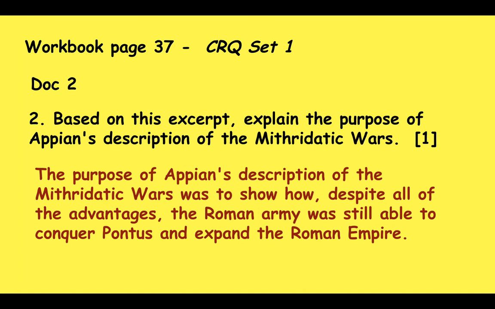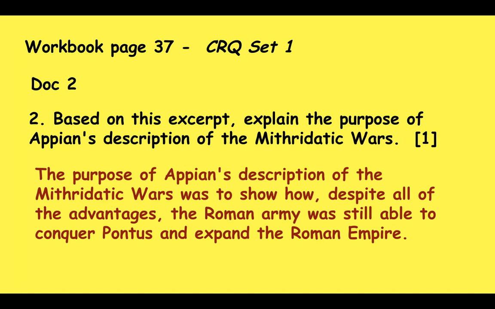So even though Mithridates, the king of Pontus, had all these allies, had all this communication, had all of these pirates under his control, he had all these advantages, he still lost to the Roman Empire. All right.